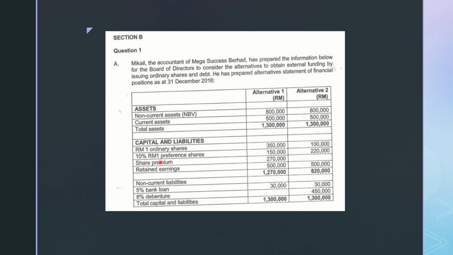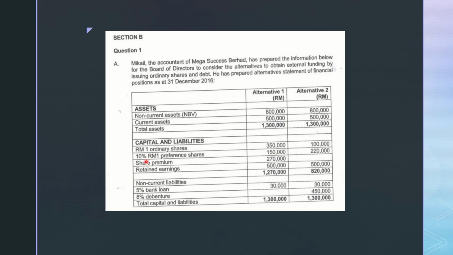And these are the information from the statement of financial position. Total assets are 1.3 million for both alternatives. Total capital and liability are the same as the total assets. The composition of capital consists of RM1 ordinary shares 350,000 for the first alternative and 100,000 for the second alternative.